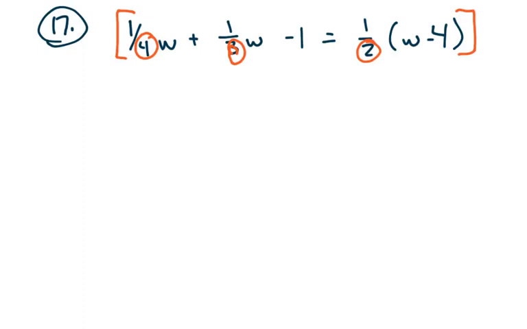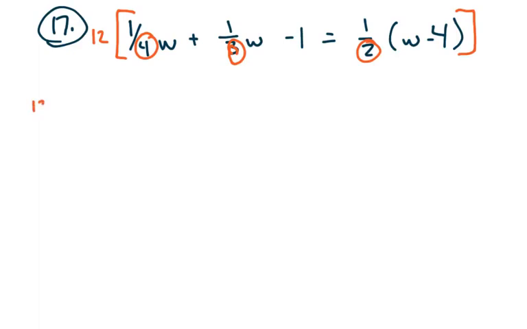So we'll take the next multiple of 4, which is, we did 8, we're down to 12. So notice I'm doing 4 times 1, 4 times 2, and now we're doing 4 times 3, which is 12. Now that will work for everything, because 12 divided by 4 will work, 12 divided by 3 will work, and 12 divided by 2 will work. And when I say work, it will end up giving me an integer. So I'm going to multiply by 12.